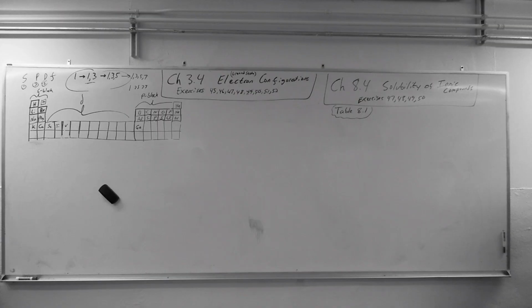I started a test 2 PowerPoint. I will upload this, but so far all I have is table 8.1 in it. So it's just a chart of ionic compounds, and it tells you how to decide whether something is soluble in water or not.